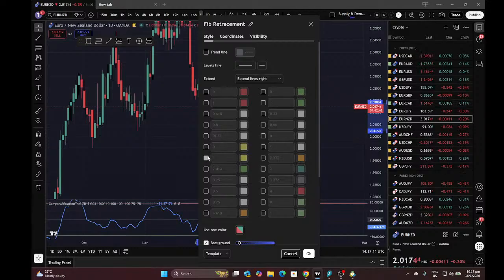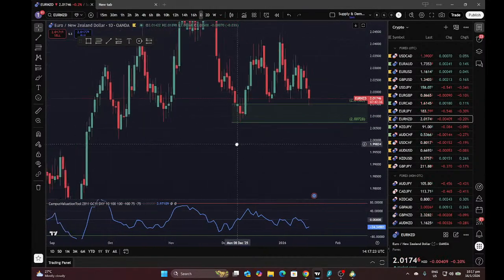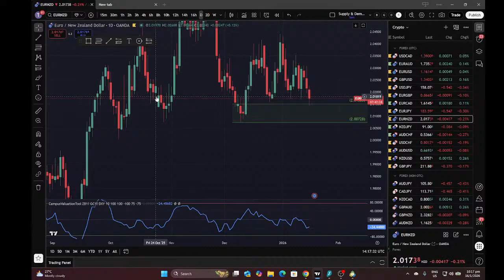Similarly, the preferred one here is also being touched. So let's not get greedy over this, because it's already not a fresh zone at all.